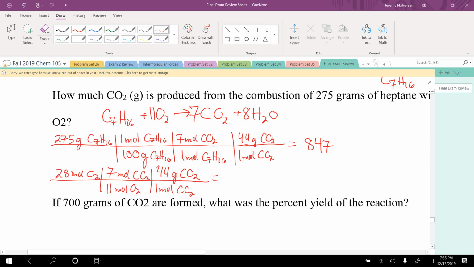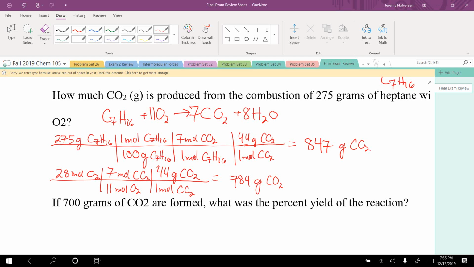Anybody else get that? Yeah? I know that was fast, but confirmation? So I just took my reactants and converted them both into CO2.